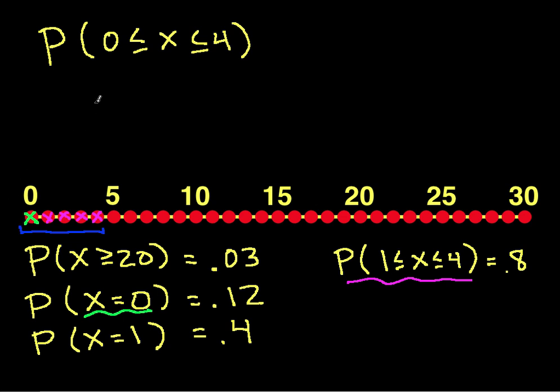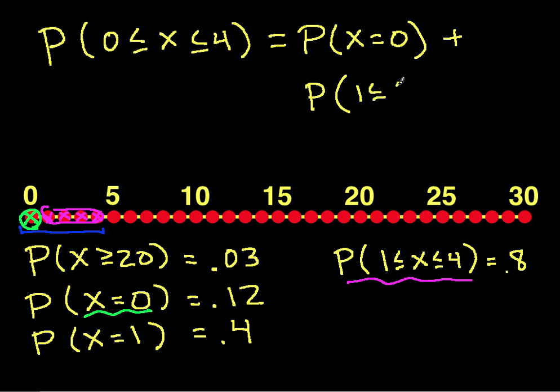The way I can compute this is that this part of it is disjoint from the set of values 1 through 4, which means that I can write this probability as the probability that X is equal to 0 plus the probability that X is 1, 2, 3, or 4.